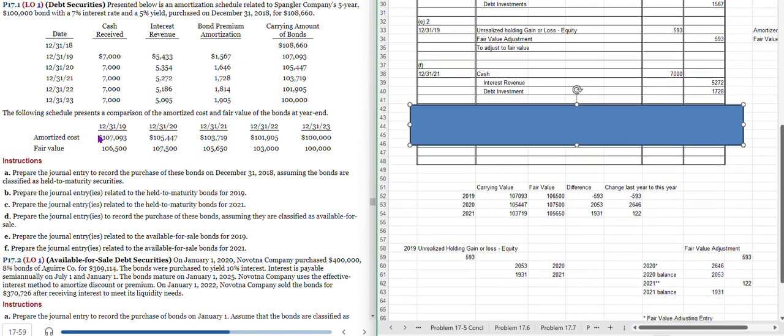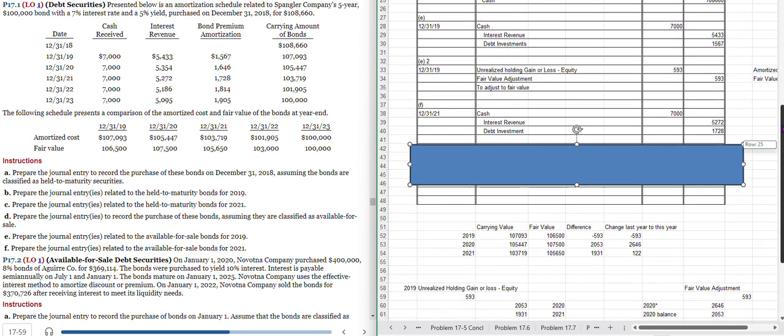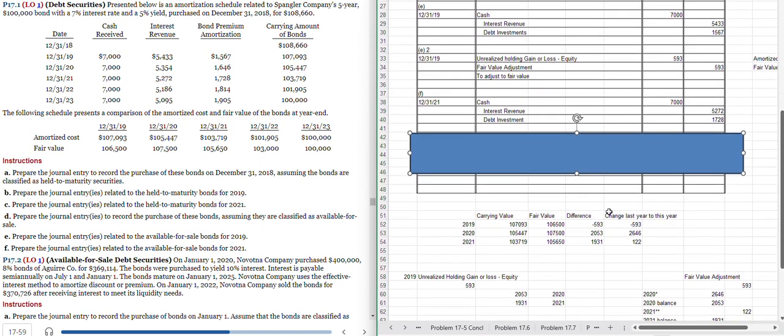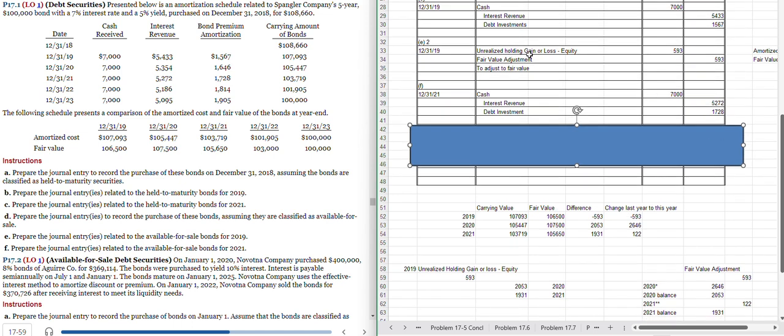So I copied over this amortization schedule into this Excel worksheet, and for 2019, take the amortized cost minus the fair value, and that's how we came up with this entry above, as the debt investment account decreased.